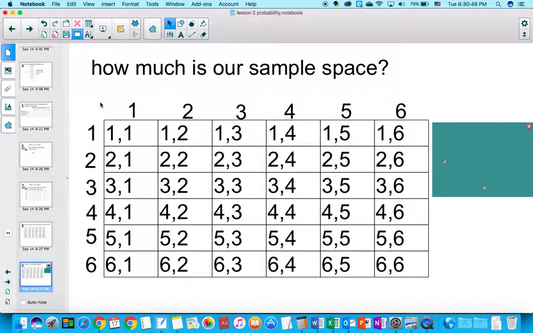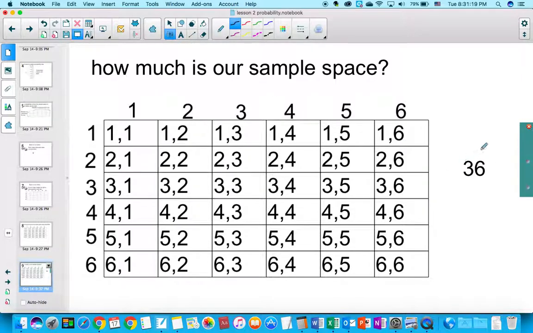Each row of outcomes is made up of 6 squares or rectangles. And you have 1, 2, 3, 4, 5, 6 rows of 6. So you have 6 rows of 6. Well, that's the same as saying 6 times 6, right? So 6 times 6 is 36.